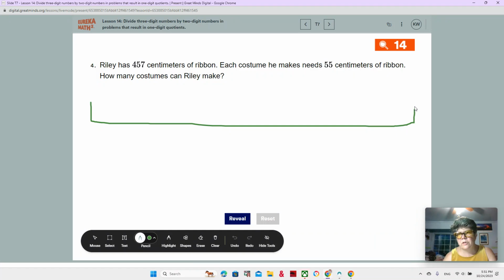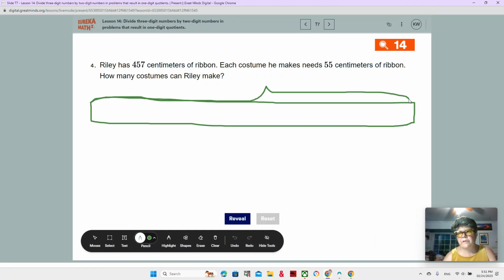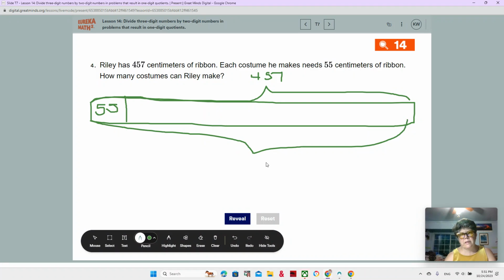And here's all of that ribbon that Riley has. 457 centimeters. And each costume that he makes needs 55 centimeters, right? But what we don't know is how many costumes he can make, right?